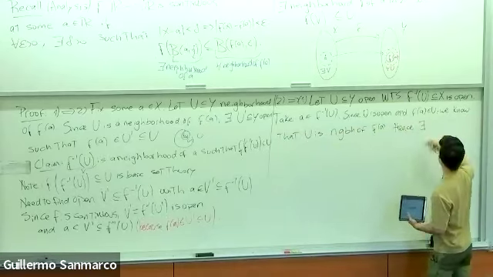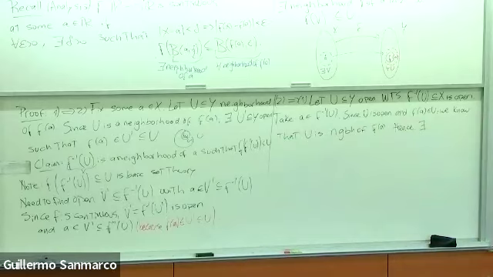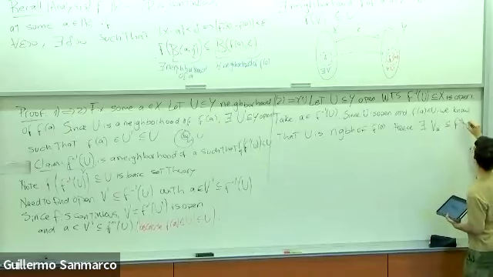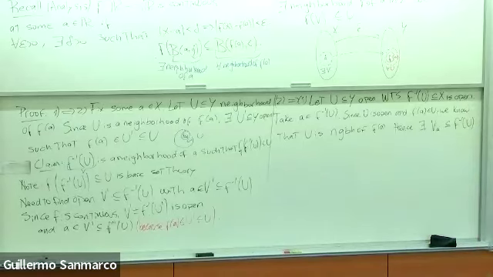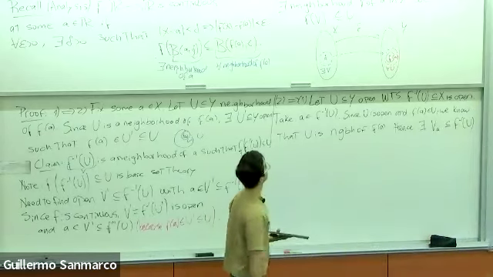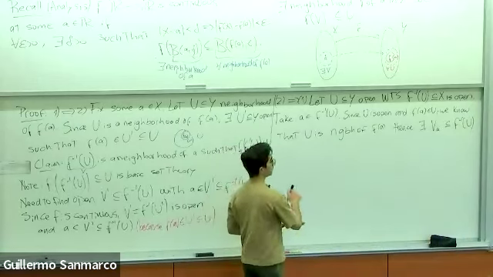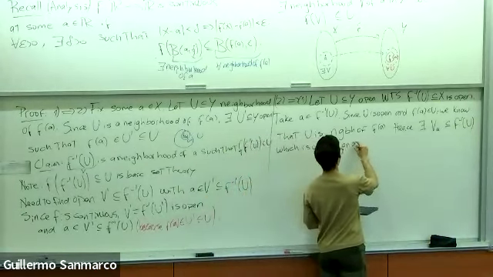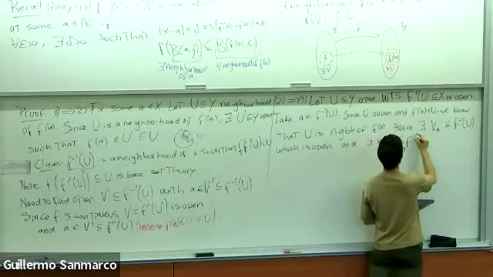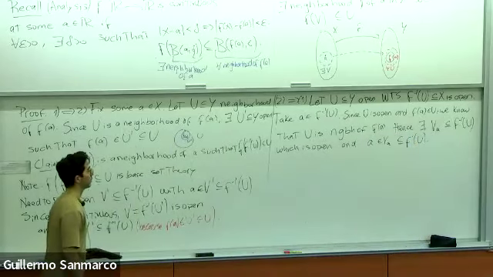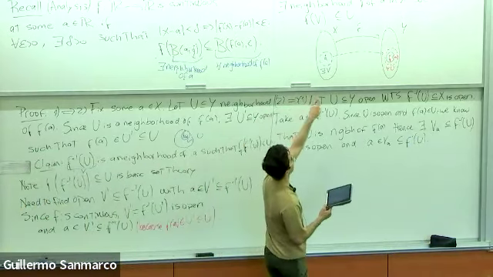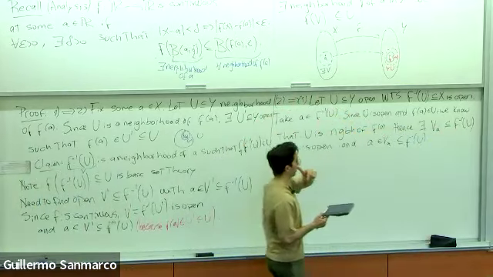Hence, there exists some V of A, which I can further assume is open, with A in V of A inside of F inverse of U. So I'm going from F of V inside of U to V inside of F inverse of U. These two things mean the same.